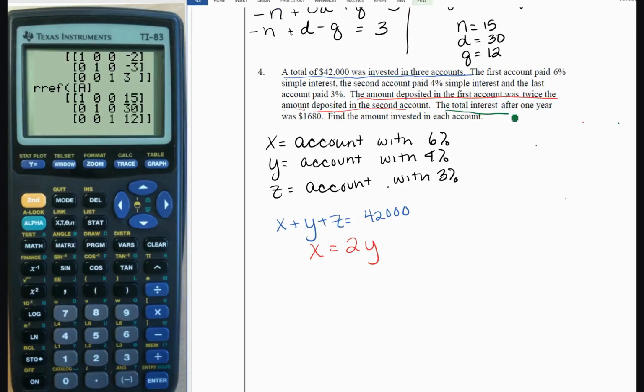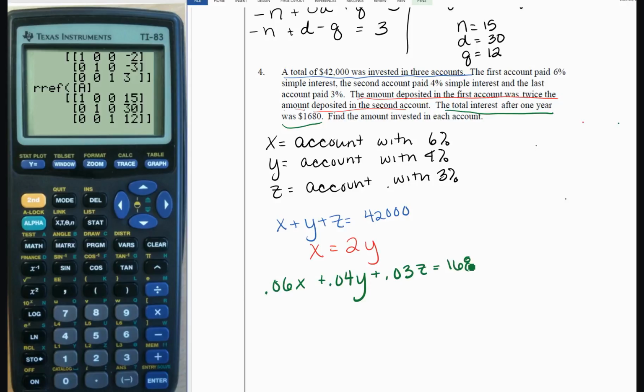The total interest after 1 year was $1,680. Now, to find interest, we're going to take the interest rate times each of the accounts. So 0.06 times X plus 0.04 times Y plus 0.03 times Z equals 1680.